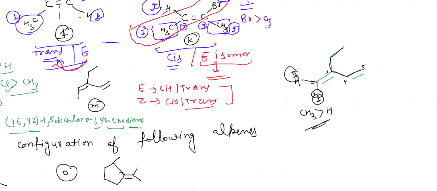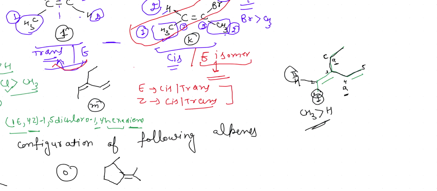Here, the carbon number 3. In carbon number 3, there is one carbon, just label it as A. And on carbon number 4, this is your one carbon, label it as A. Now, both are carbon atoms, so there is no difference between carbon A on both chains.